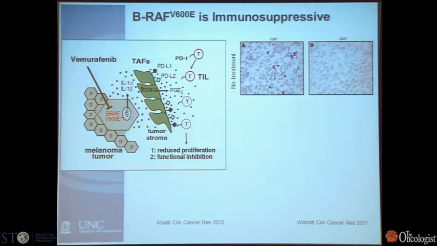And why mutations are actually very bad for you is because we now know that having an oncogenic mutation for the B-RAF is actually immunosuppressive. So what does it do?